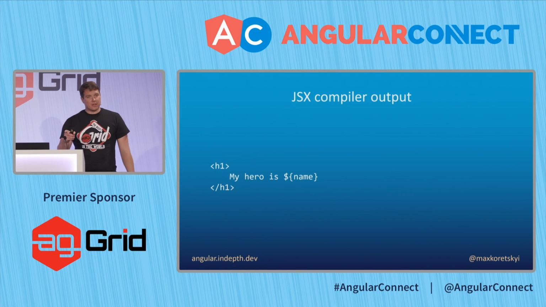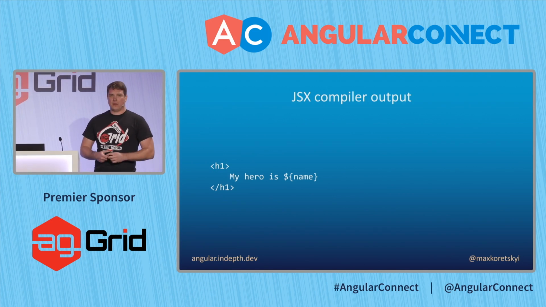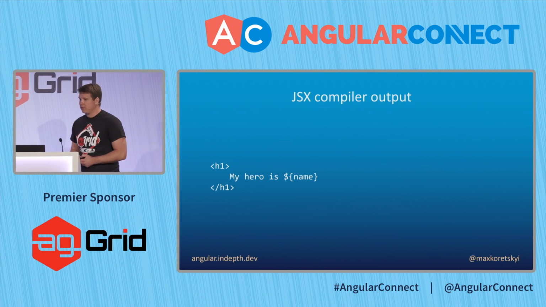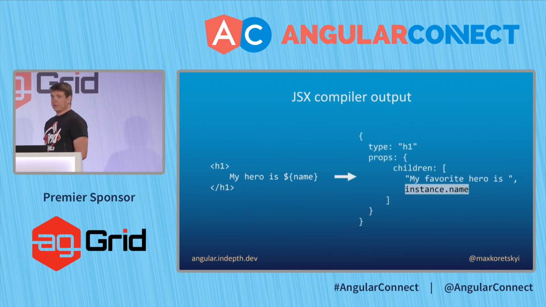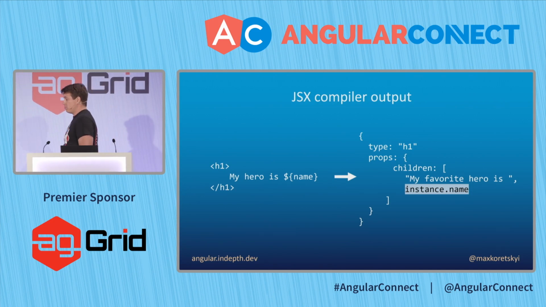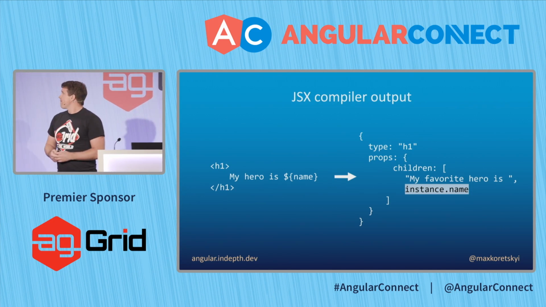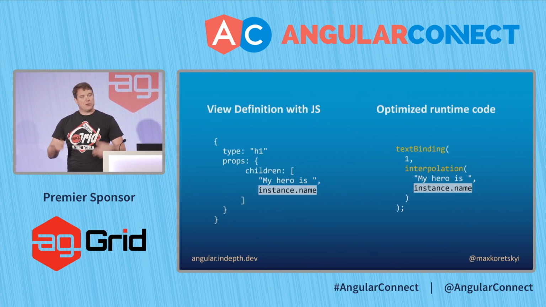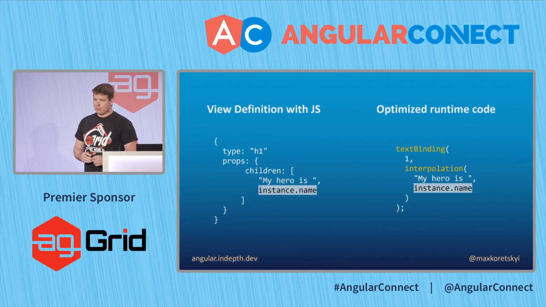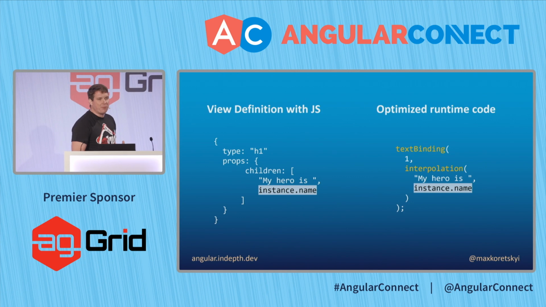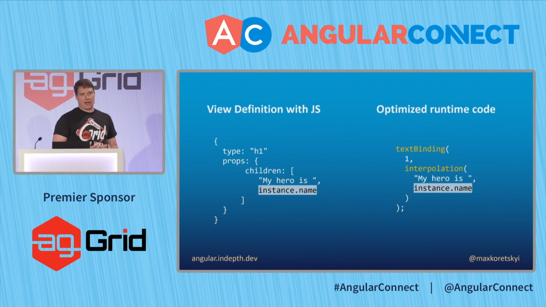So this is a similar template-like view definition in React. So we run JSX compiler over that, and it also produces JavaScript. Now, if you compare the output, however, you will see the real difference between JSX compiler and Angular compiler.